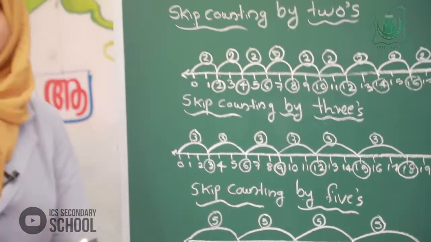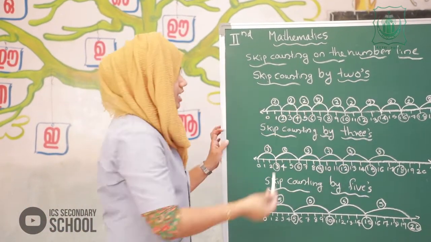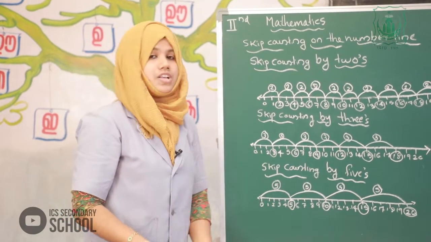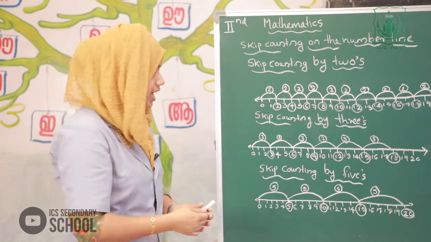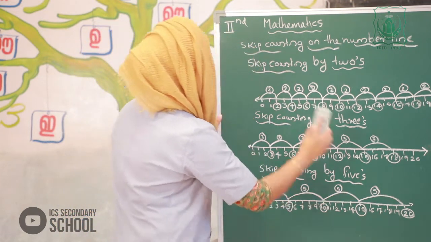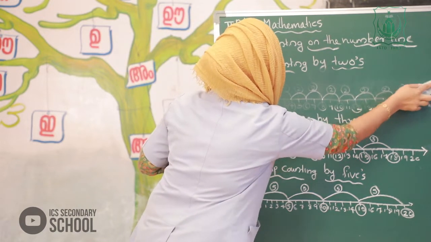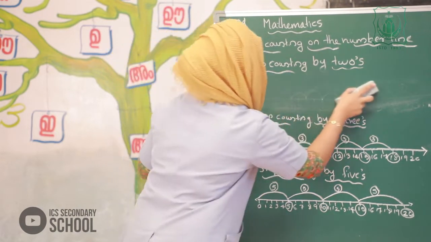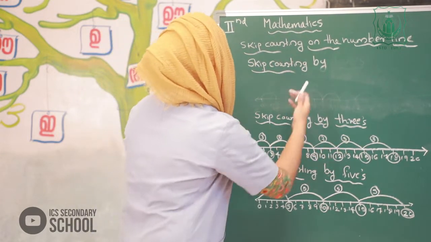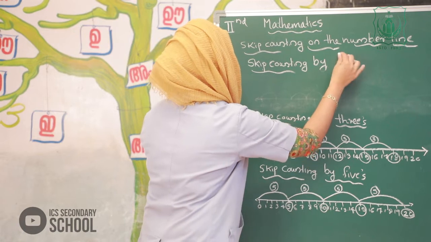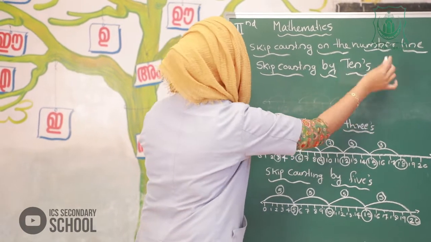Is it clear that? Skip counting by 2s, skip counting by 3s, skip counting by 5 and last skip counting by 10s. Okay. Skip counting by tens. The same method.